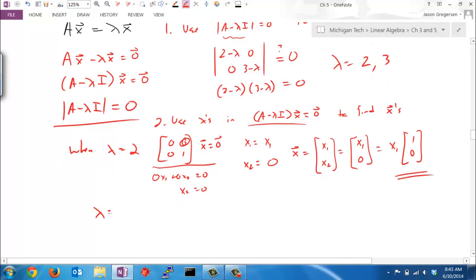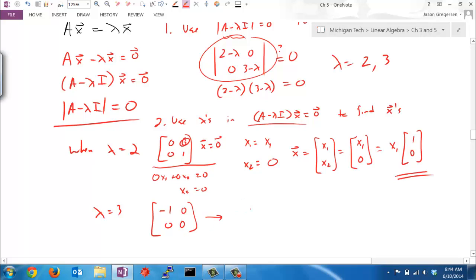Now we got to go back and do lambda equals 3. So we go back to lambda equals 3. We plug in that value into our A minus lambda I thing. Here I'll get negative 1, 0, 0, 0. I expect to have a free variable because I expect to have infinitely many solutions.